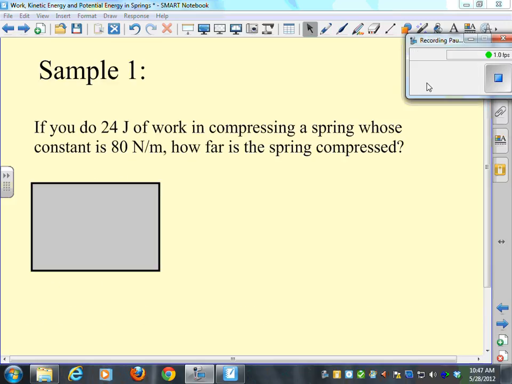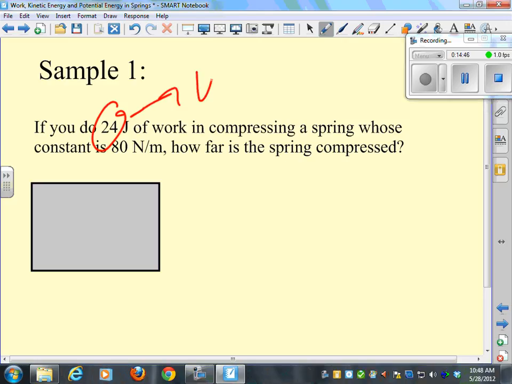All right. So I think you have this question as well. If you do 24 joules of work in compressing a spring whose constant is 80 newtons per meter, how far is the spring compressed? So how are we going to do this? The 24 joules of work is going to be converted to potential spring energy, U_s. The k value is 80 newtons per meter.